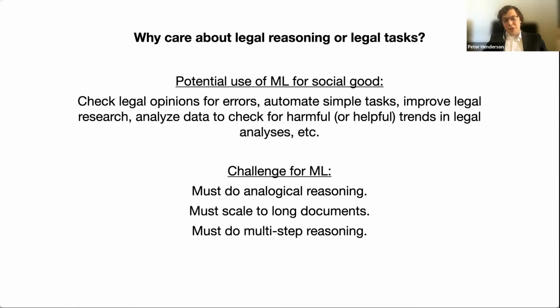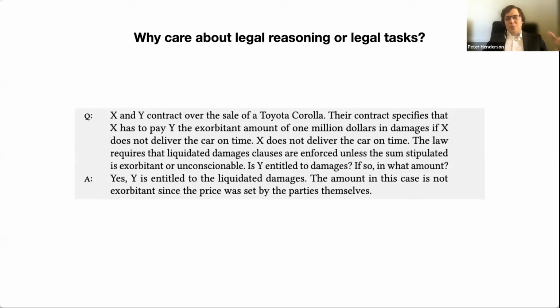Because if you can solve these challenges, you've really solved a lot of hard ML problems that get you towards generalized abilities in ML systems. And so I think this is a really good challenge for people to work on. And a big part of the reason why we aggregated this data was to encourage ML researchers to focus on these tasks.